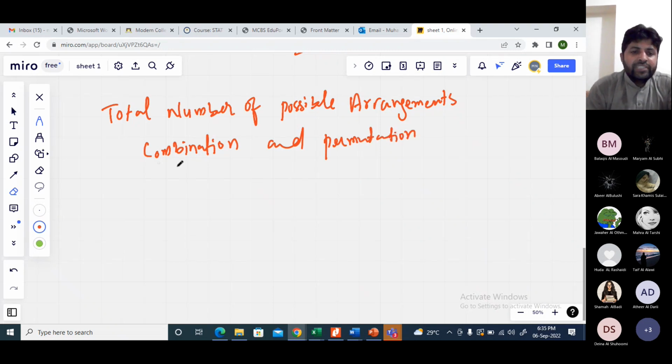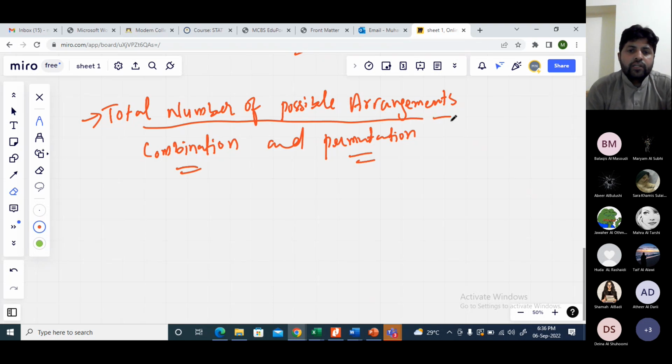So the objective of combination and the objective of permutation is to give the total number of possible arrangements. This total number of possible arrangements can also be called the experimental outcomes, or you can say the sample space.